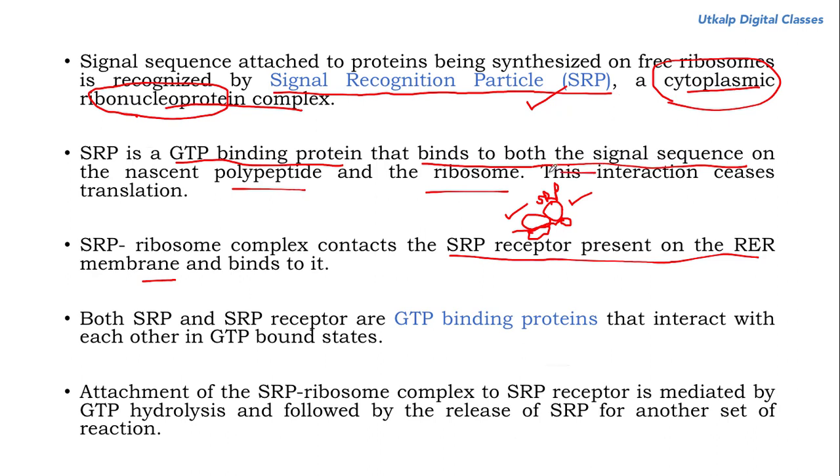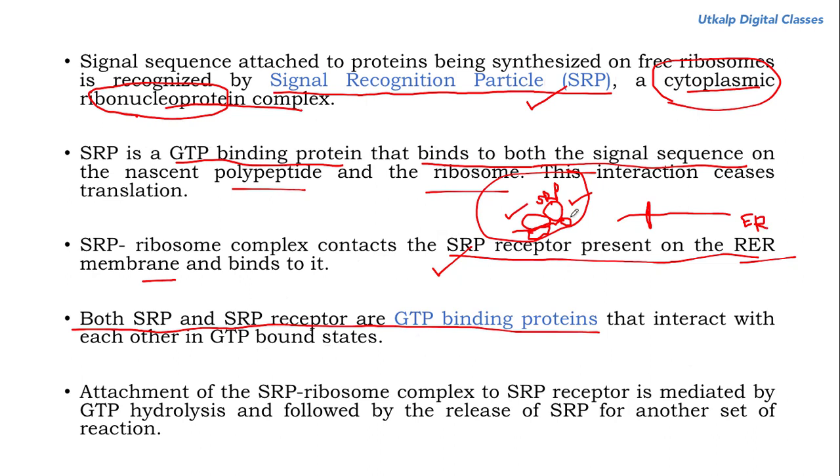Now this entire complex, that is the ribosome, polypeptide and SRP, goes and binds to the SRP receptor, which is present on the RER membrane. Now both SRP and SRP receptor are GTP binding proteins.